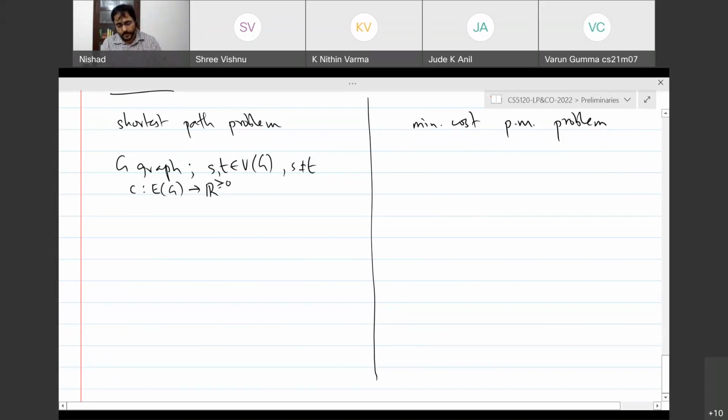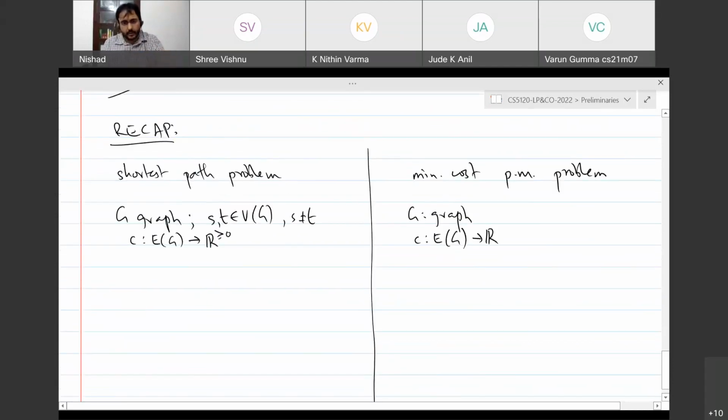And in the minimum cost perfect matching problem, we have a graph G and we simply have a cost function, which is not necessarily non-negative. So it could be any real number. And what are the ILPs that we wrote down?